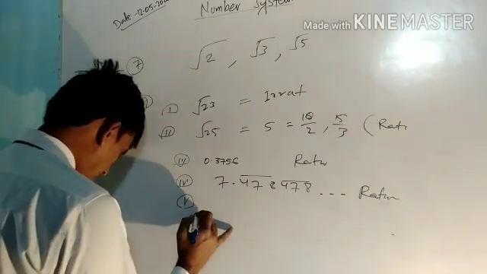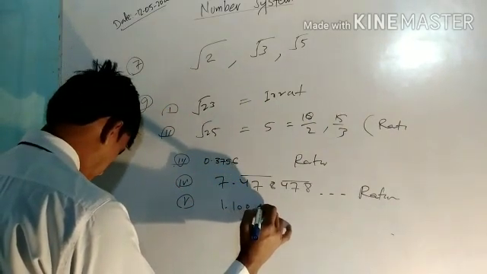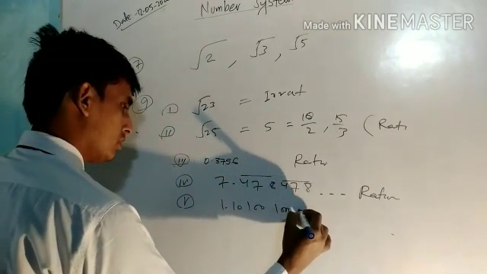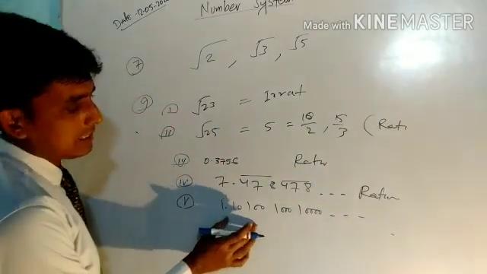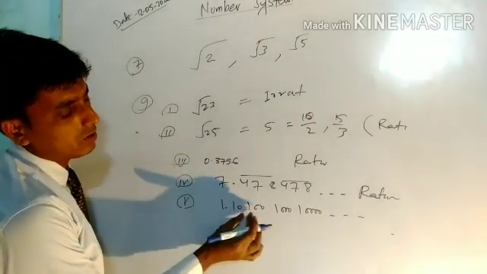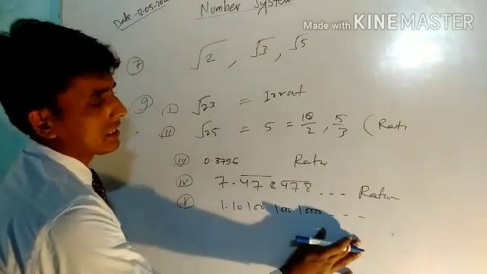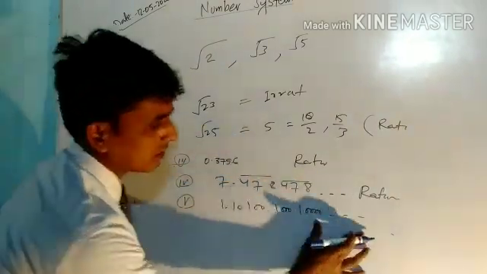Question number 5: 1.10, 100, 1000, 10000, and so on. Here the decimal expansion is not repeating, because here it is 1 0, then 1 double 0, then 1 triple 0. So it is not repeating itself. Here 478, 478, the same number is repeating, but here the same number is not repeating.